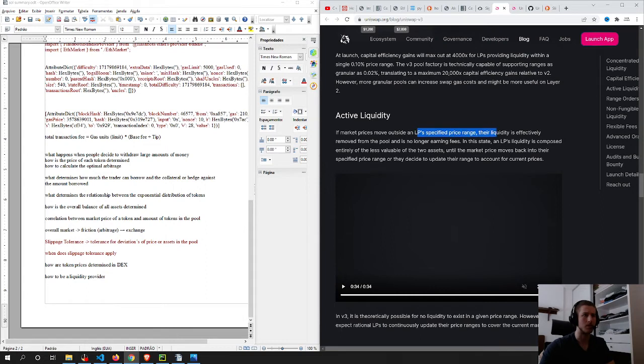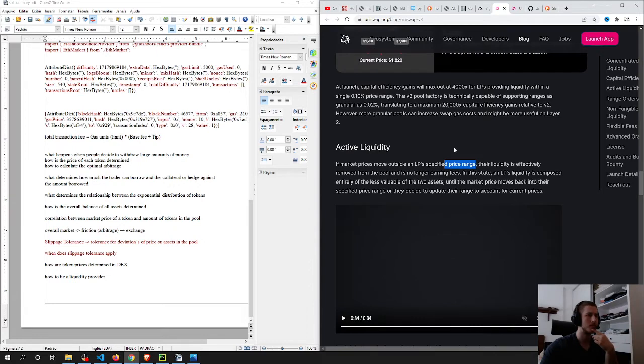Yeah, so this is the confusing part. If market prices move outside an LP's specified price range, their liquidity is effectively removed from the pool and is no longer earning fees.